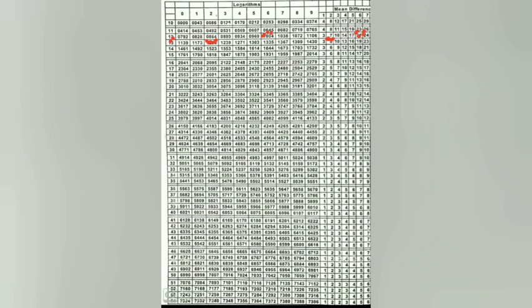150. In 15 it is 1761, so again 2 point, and the answer will be 2.1761. And the next one again it is 150, the answer will be the same, 2.1761.